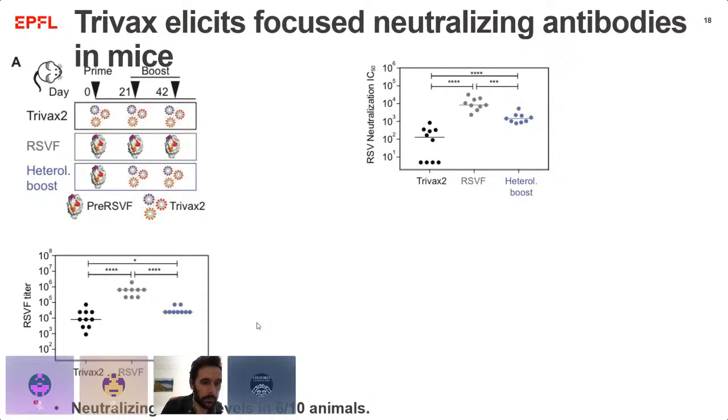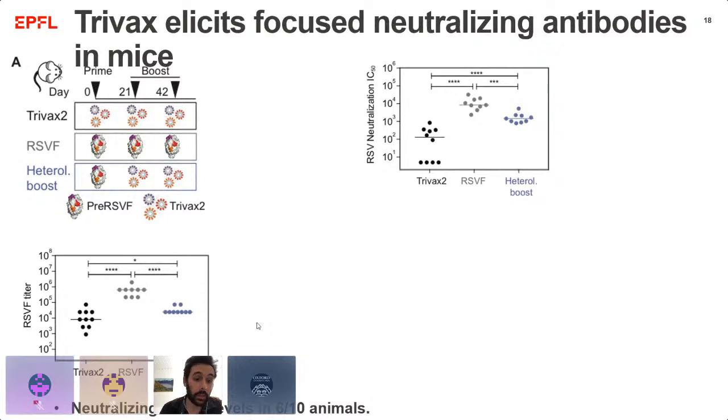What you see on this plot on the right, where you have RSV neutralization, is that in just the Trivax2 group, we were already able to obtain 6 animals out of 10 which showed neutralization activity just on being immunized with the computationally designed antigens.